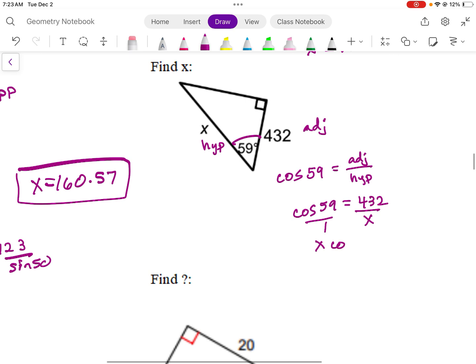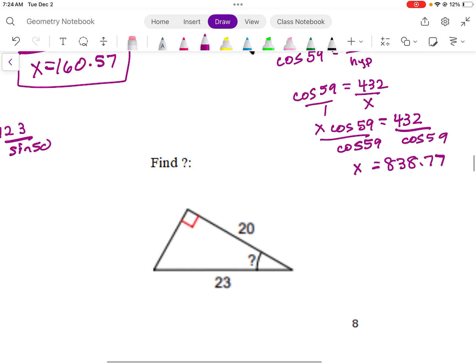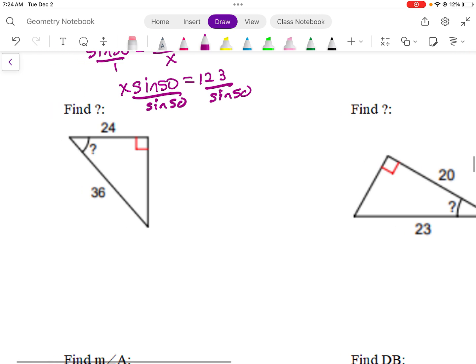X times the cosine of 59 is equal to 432. Divide by the cosine of 59. So 432 divided by the cosine of 59. My calculator says x equals 838.77.